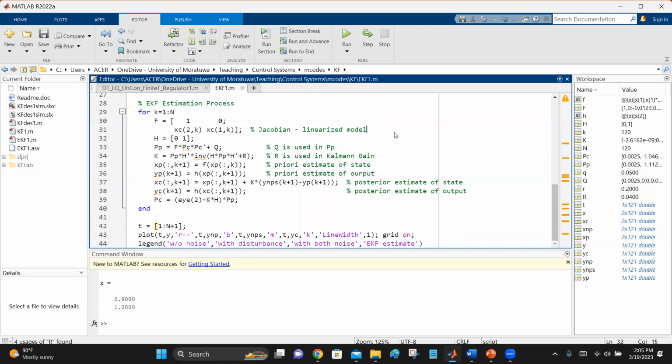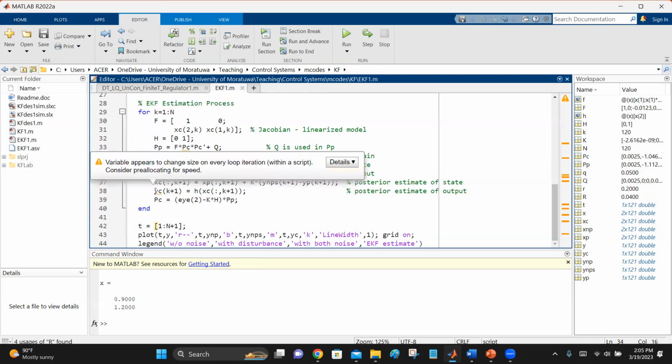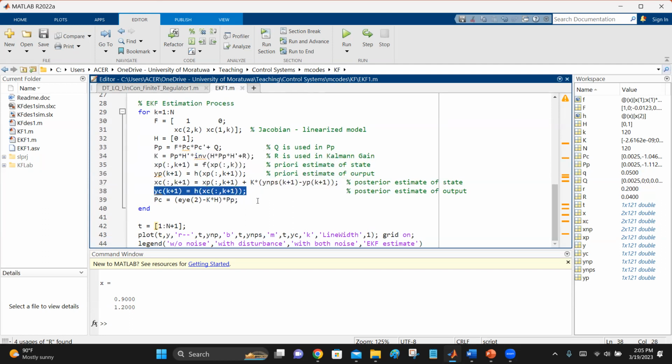You use this one to predict the future state using the nonlinear model. Using the nonlinear model, you predict the future states. And these are the Kalman filter equations basically. Okay, and then down here you have YC, the corrected estimate, and also the error covariance in the process. And then you plot it.